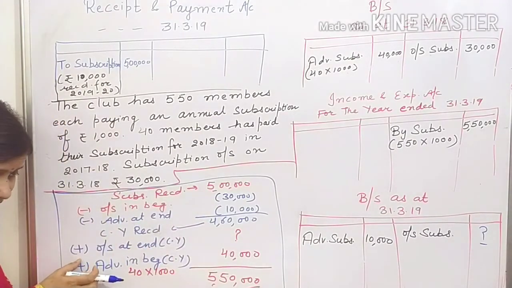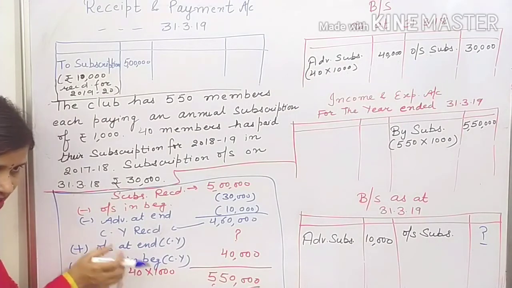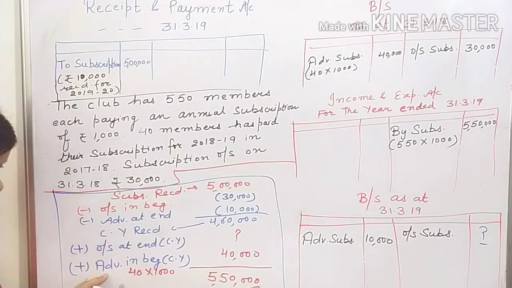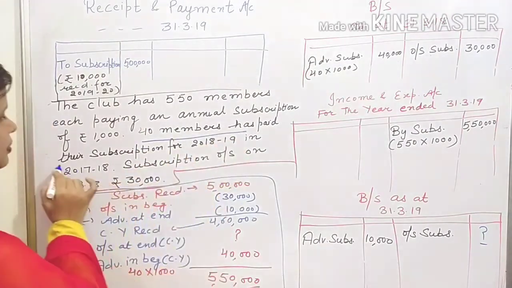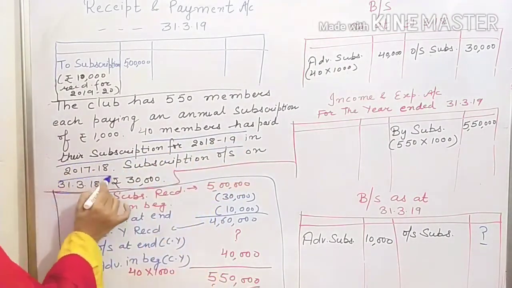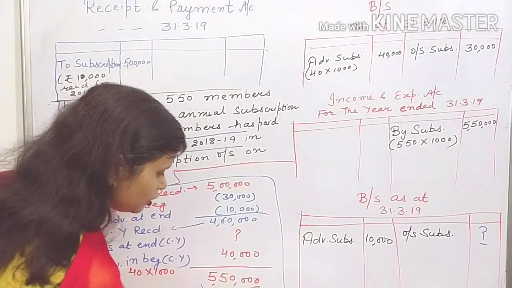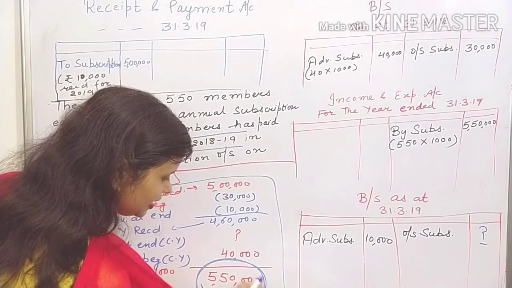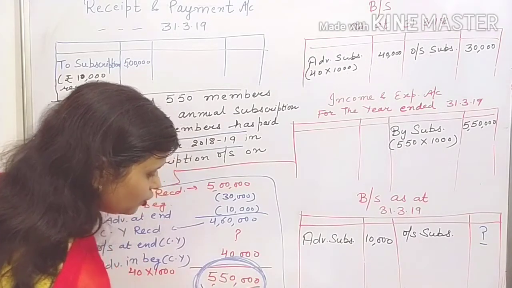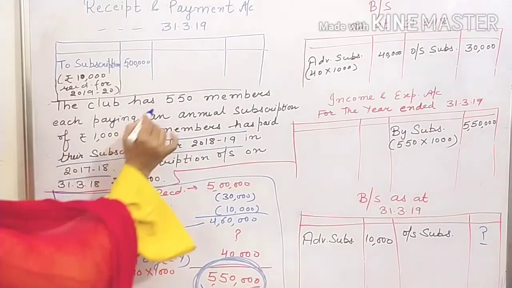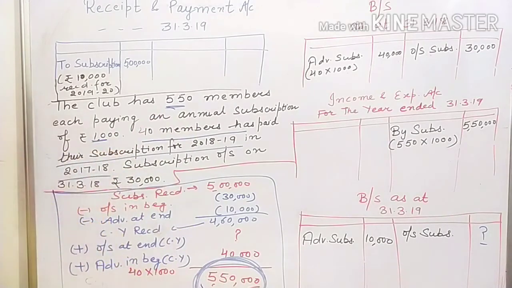In this we will add the current year outstanding, that means outstanding at the end, and advance in the beginning. Advance in the beginning is also being given: 40 members have paid their subscription for the current year in the previous year. And the result of this should be the current year subscription income, which we know: 550 multiplied by 1000.